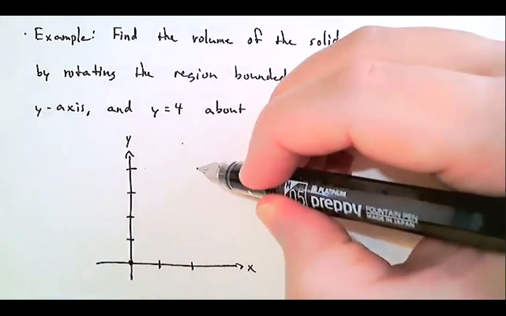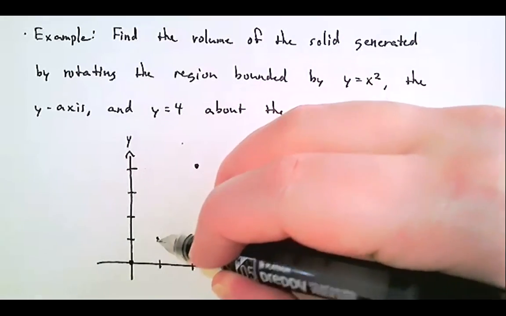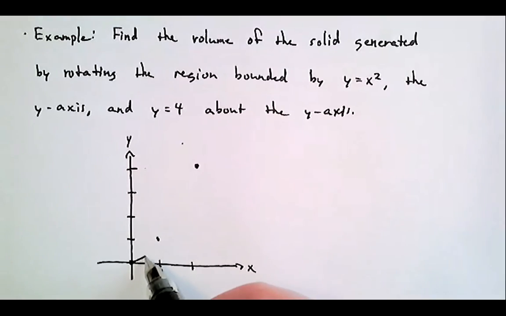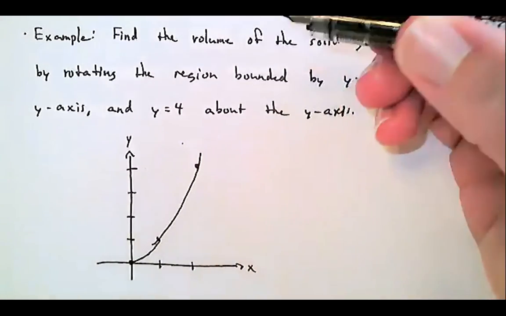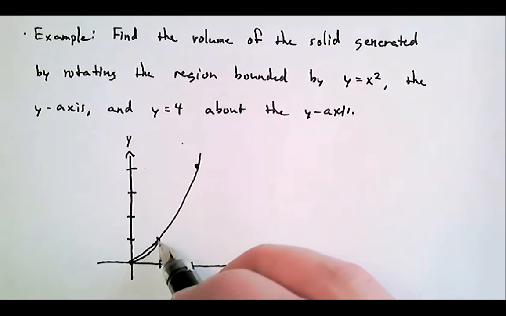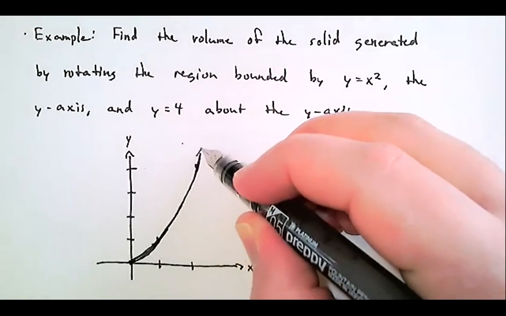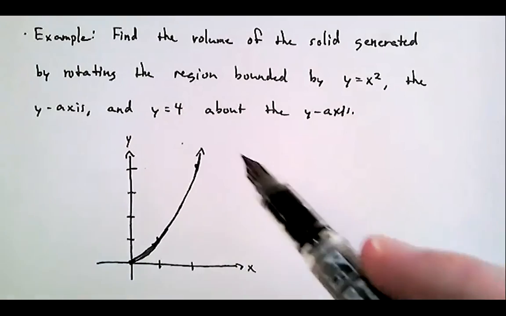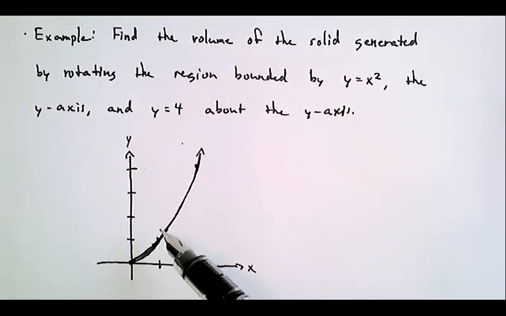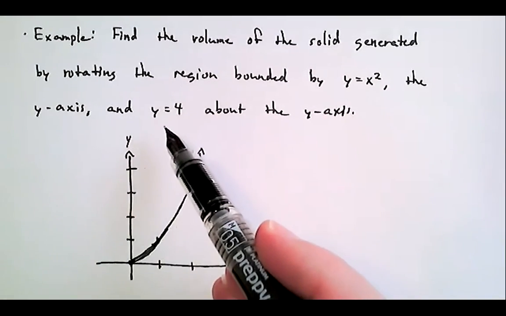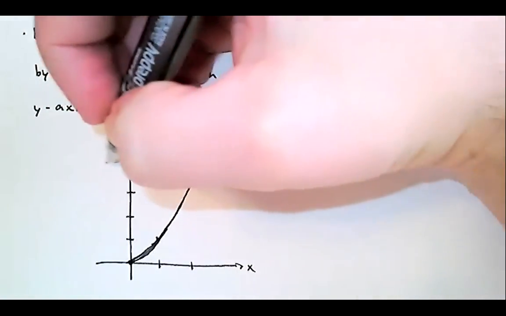Okay, so let's plot in our parabola again. Okay, and now we need the y-axis. It's already there, so we don't have to draw it again. And y equals 4. So that's a horizontal line up here.